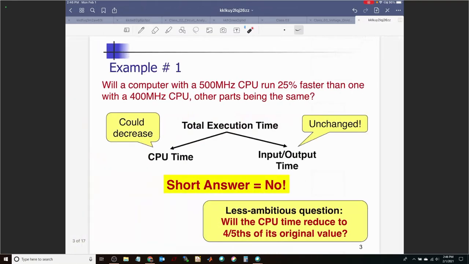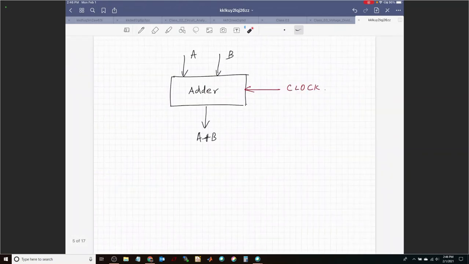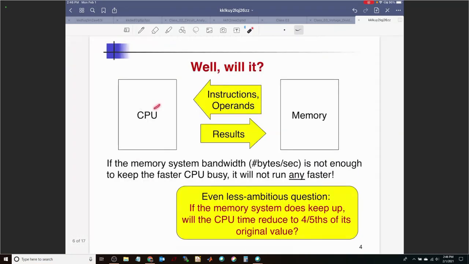So we were trying to answer this less ambiguous question about, okay, what if I just focus on CPU time, the amount of time an instruction spends inside the CPU. Can I maybe compare that? Can I comment on that? Now, the problem with that is when you look at the CPU, it is getting instructions and data from the memory.